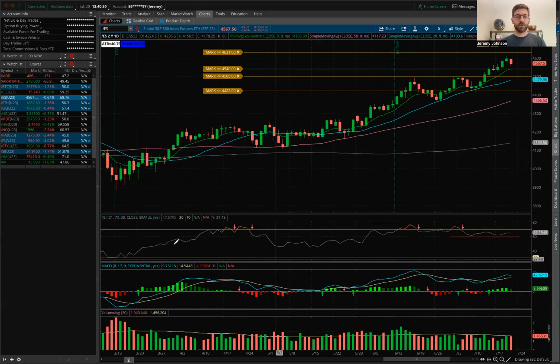Anytime price gets too far overextended to the upside, meaning it's been too aggressively bought in the short term, and it gets above that 70 zone, you'll notice it turns red. That basically tells us that while price might still go higher, it is technically overextended and there might not be a lot of gas left in the tank.